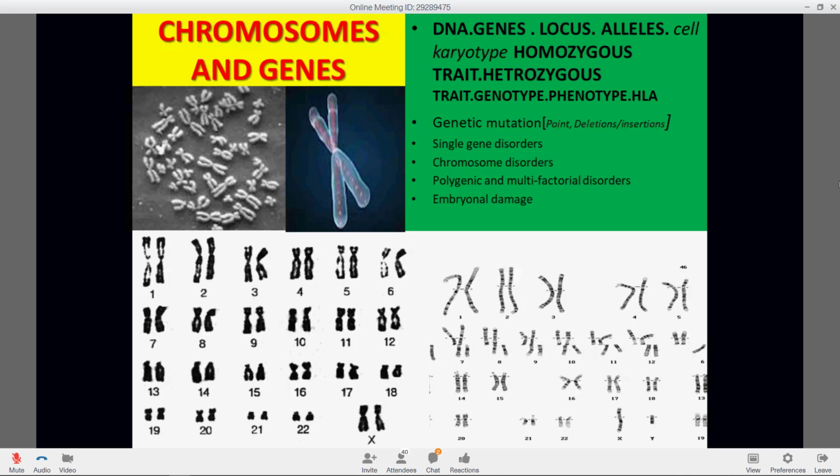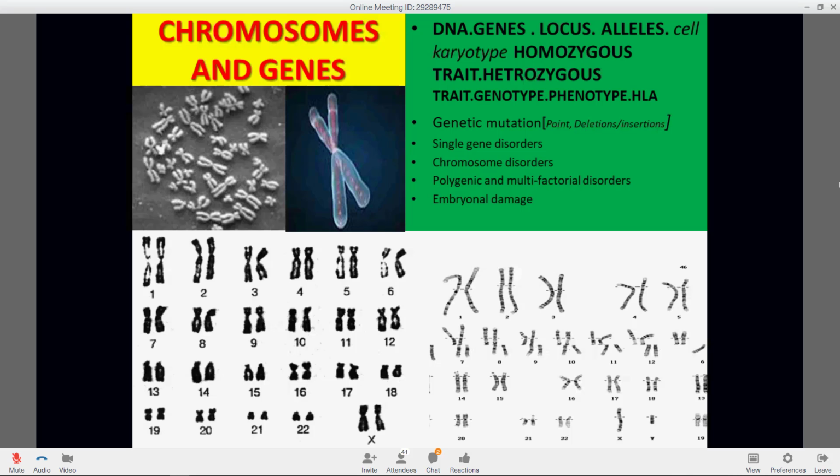Genetic mutation. Each gene may undergo mutation by changing of the nucleotide, or deletion of part of it, or insertion, adding part of it. Genetic mutation is sometimes useful and sometimes lethal.